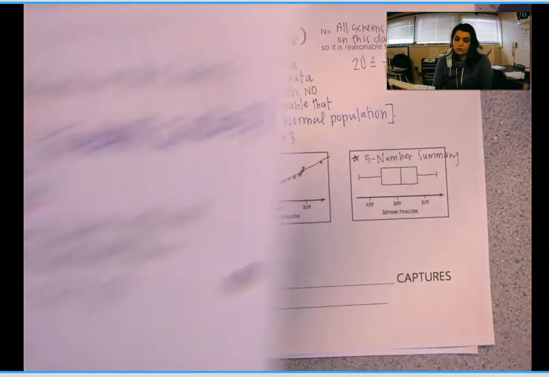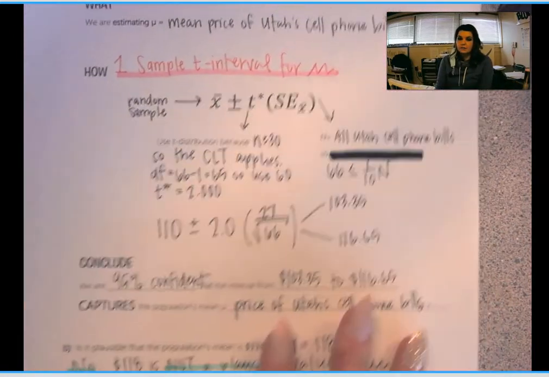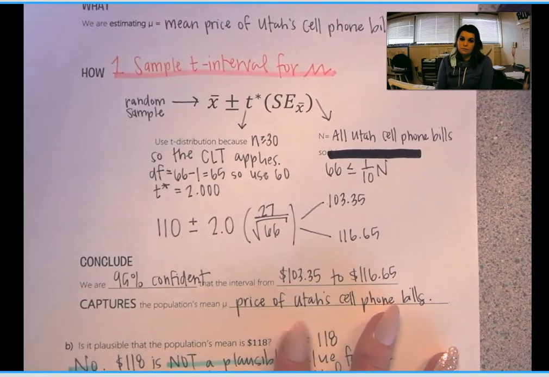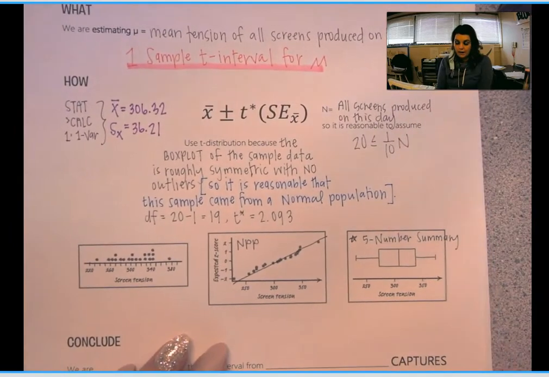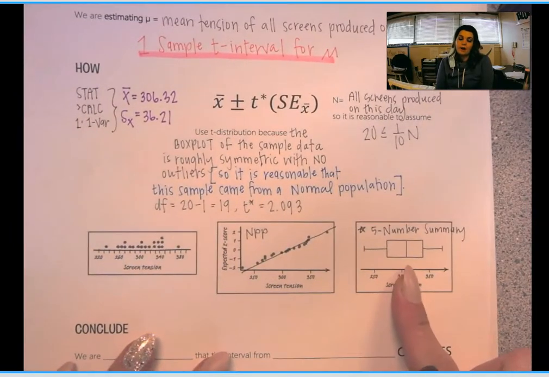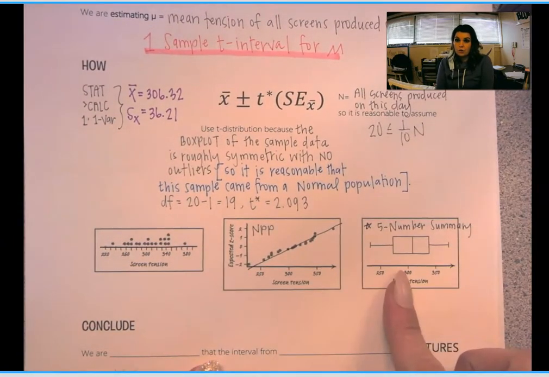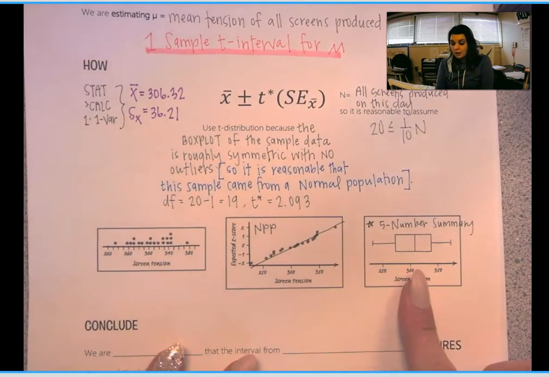Okay, so we have done an easier, quicker interval for mu. We've done one that was more time consuming, but I provided the graphs for you. So we were supposed to make these graphs on our own, but just to get through one problem where we actually use this process, I put the graphs in for you.